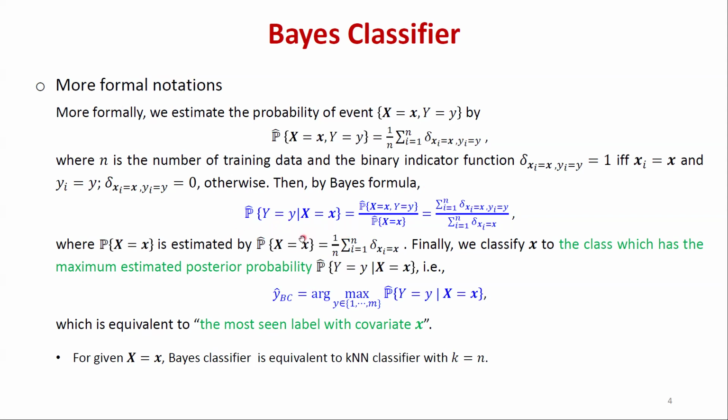Then I'm going to classify this specific x data to be that label. This is the meaning of the most seen label with the feature, or you can say with the covariate x. By the way, one thing I want to mention: for a given X equal to x, this is actually equivalent to KNN with k equal to n. Why? Because I'm going to consider all the data. You see what I mean? Hence k equal to n, all the data.